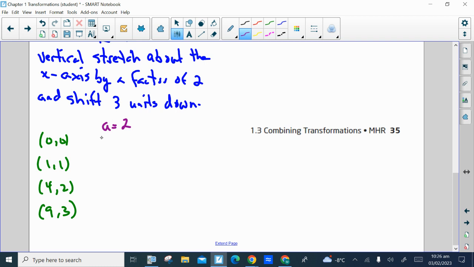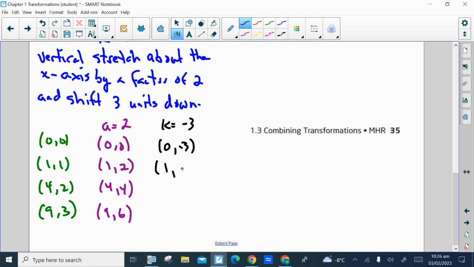So we're going to multiply all the y values by 2. And then a k value of negative 3 means the graph is going to shift 3 units down. So now we will subtract 3 from the y values.